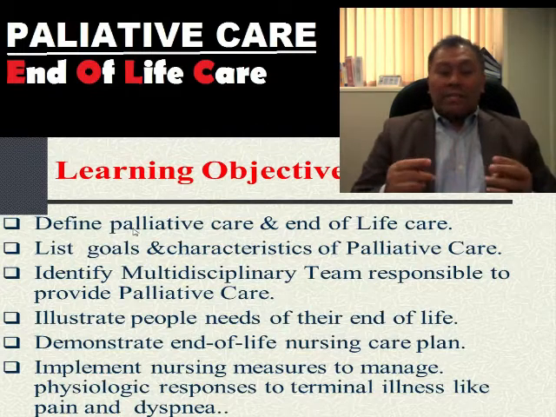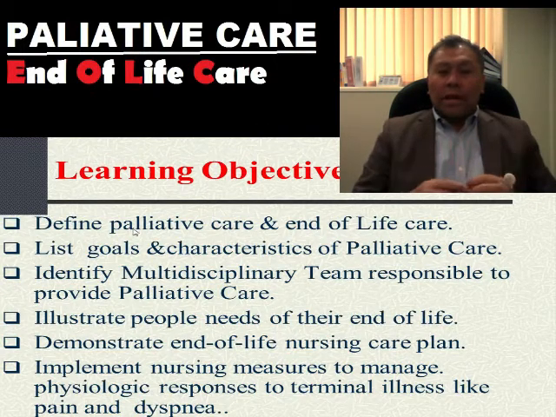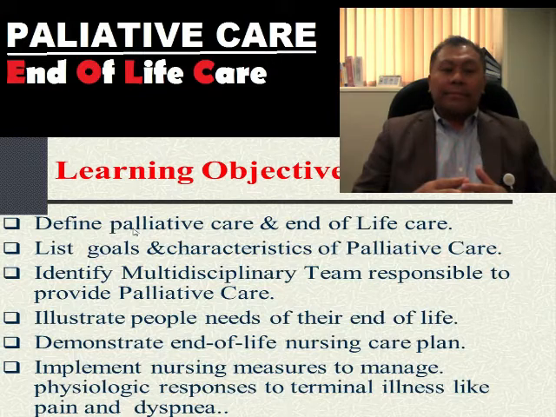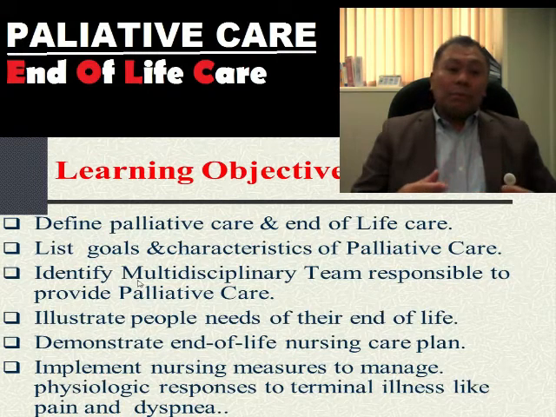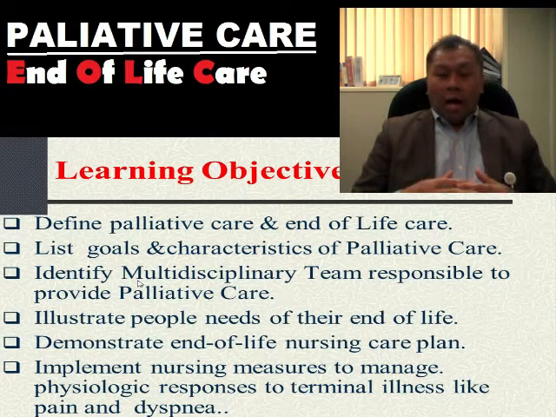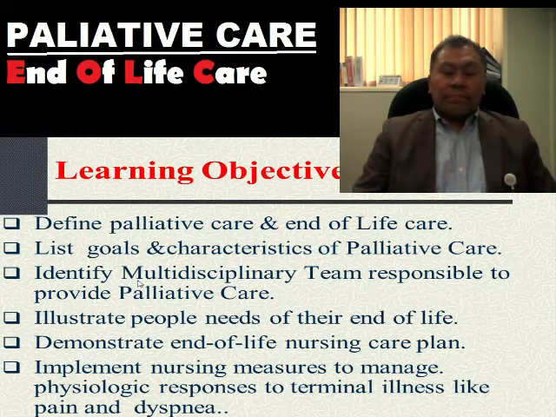You are going to list the goals and characteristics of palliative care. You will be able to identify the multidisciplinary team responsible to provide palliative care working in the hospital. You will be able to illustrate the patient needs at their end of life.